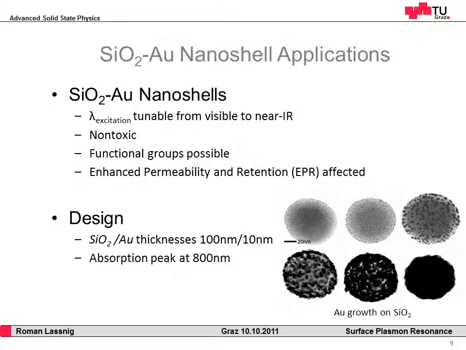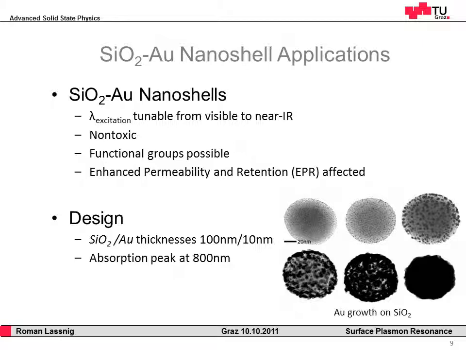You can use this coating I described before and add functional groups for specific purposes. And those gold nanoshells are affected by something called EPR, so enhanced permeability and retention. And that is something that's really important for cancer treatment, for example. A cell with a really high metabolism tends to accumulate particles in the size of nanoshells and keep them there. So you can accumulate them in cancer tissue really easily, just without any effort.